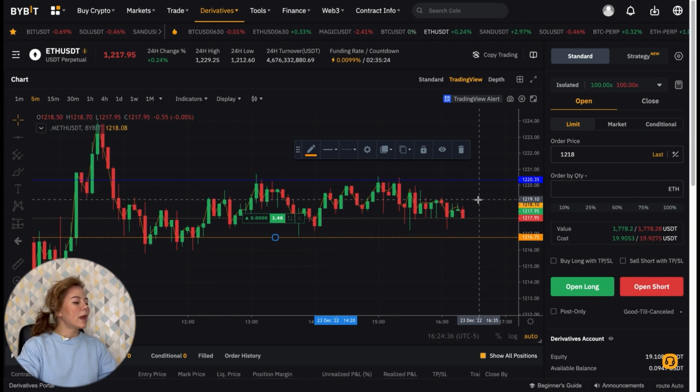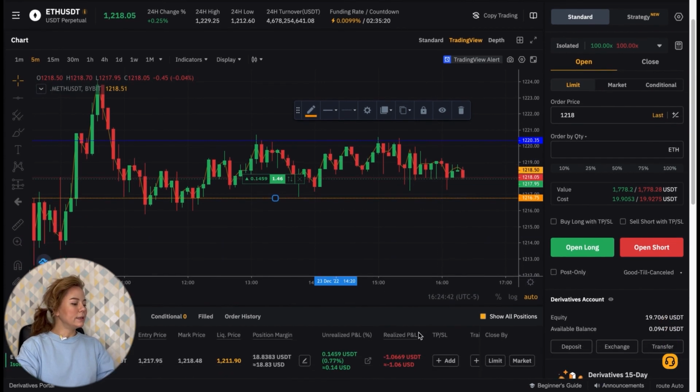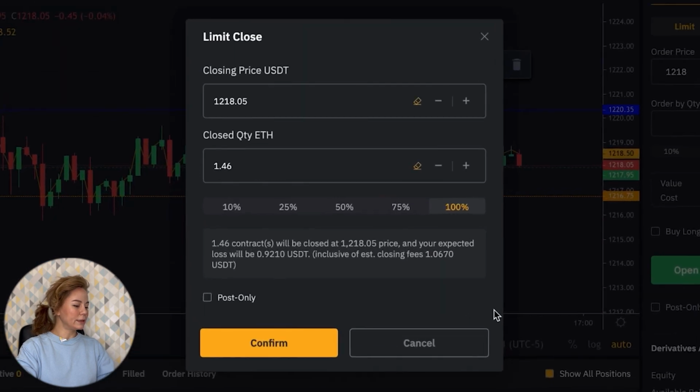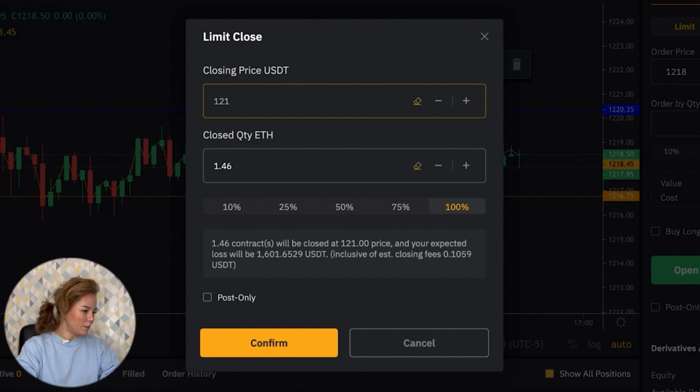Nice. And as for our take profit, let us think of where we expect our price to come. Possibly... No, just give me a second.